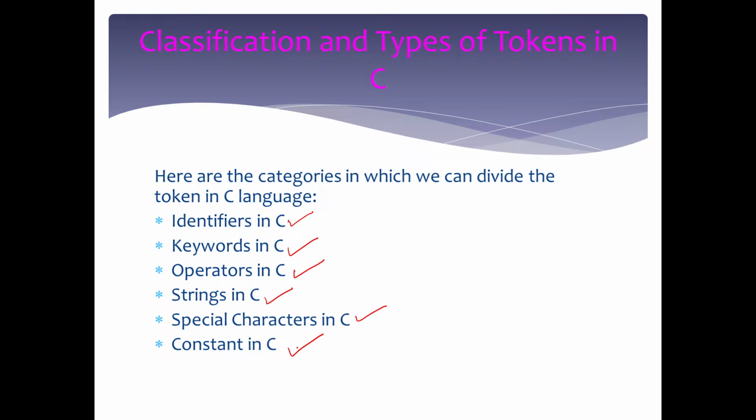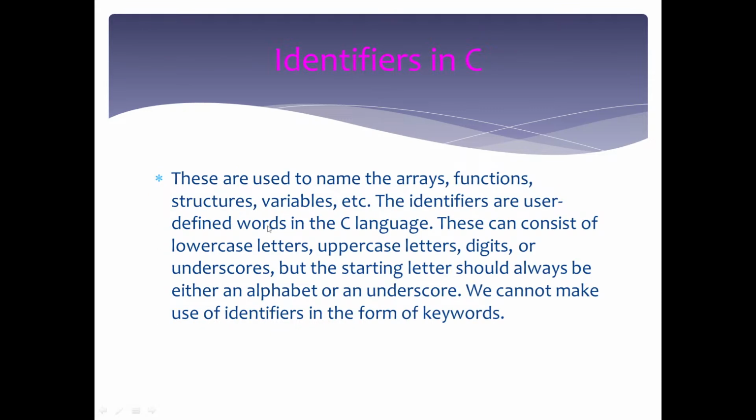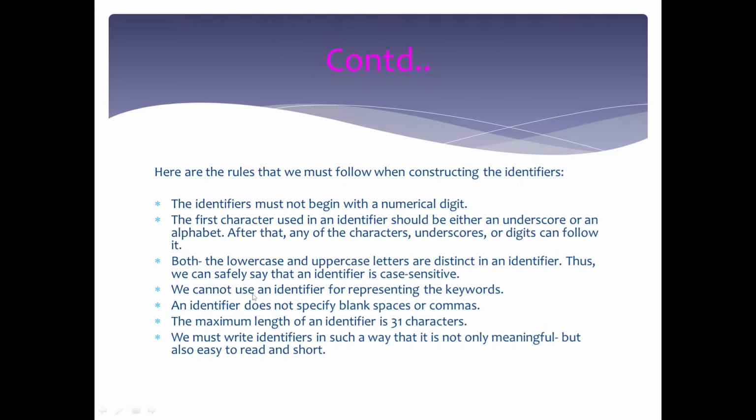Now we will discuss each and every token elaborately in this tutorial. Identifiers are used to name things; identifiers are nothing but names. For example, we have different format specifiers such as integer.